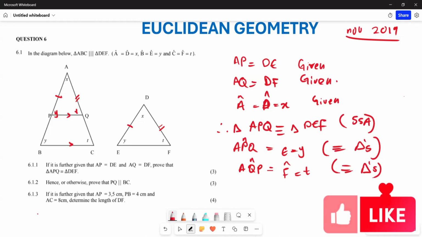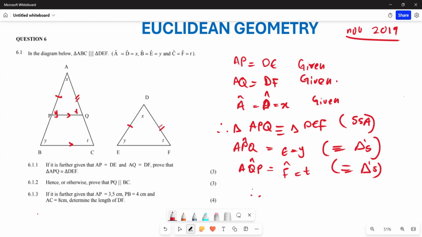So now to prove that, you are going to say, therefore, angle APQ is equal to your angle B, which is equal to t, because both of them are equal to t. And as soon as we can see that, you can say my PQ is therefore parallel to my BC, because the corresponding angles are equal.